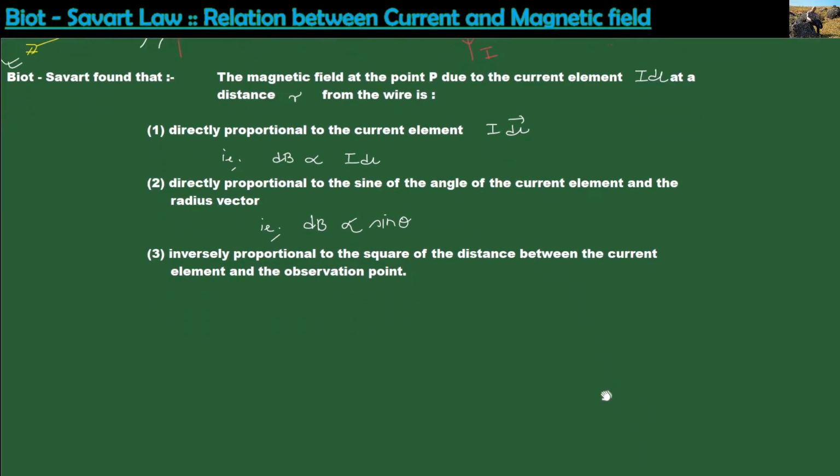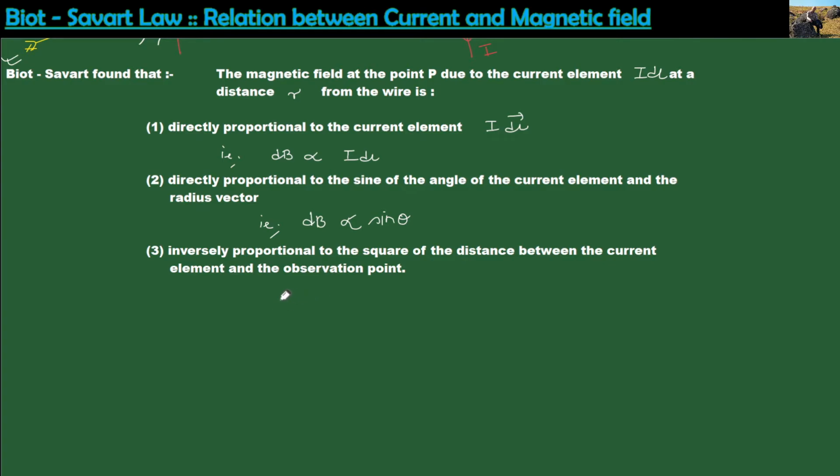And next, dB is inversely proportional to the square of the distance.